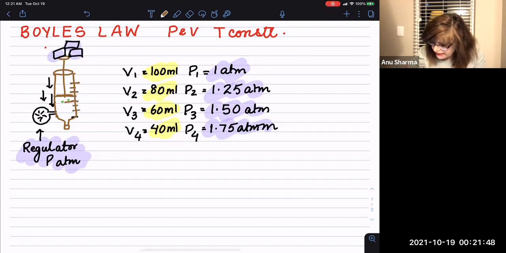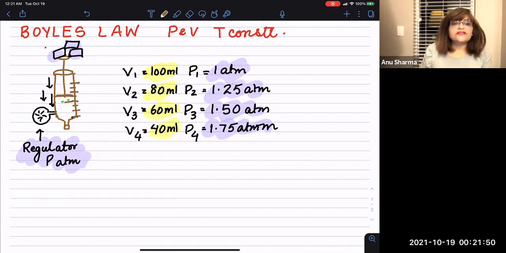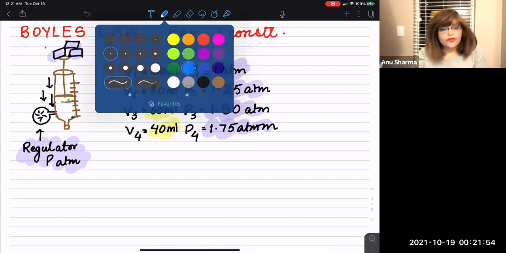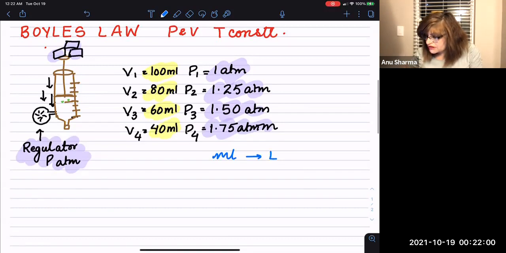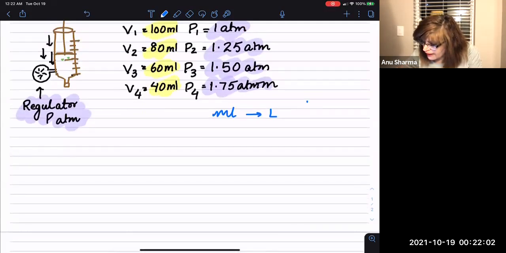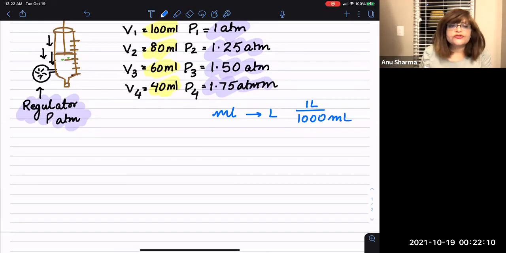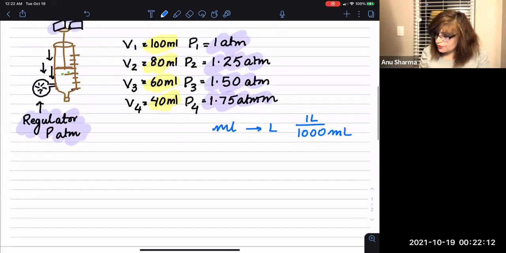But remember that anytime you're doing these gas laws, the volumes are always converted from milliliters to liters. We know that 1 liter is equal to 1000 milliliters, so this is the conversion factor you use when converting milliliters to liters.